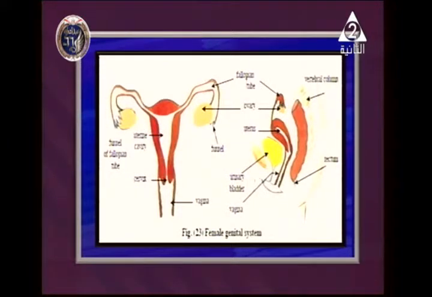After that, the uterus itself, we consider it an elastic, thick, very important organ that carries the babies. Finally, we have the lower part, called the cervix, which ends with the vagina, the elastic organ that has a lot of folds, and is also lined from inside by glandular cells.